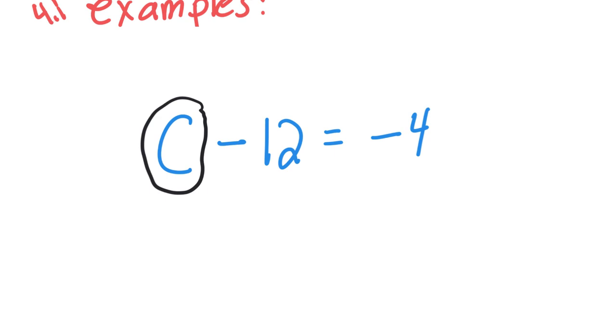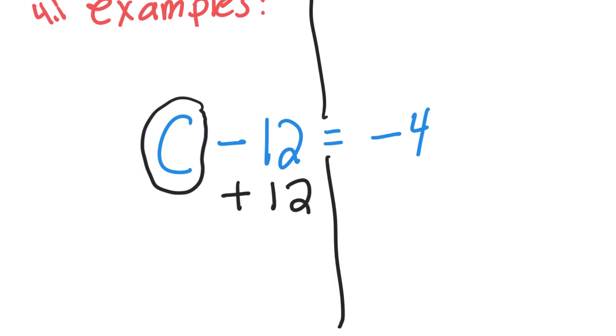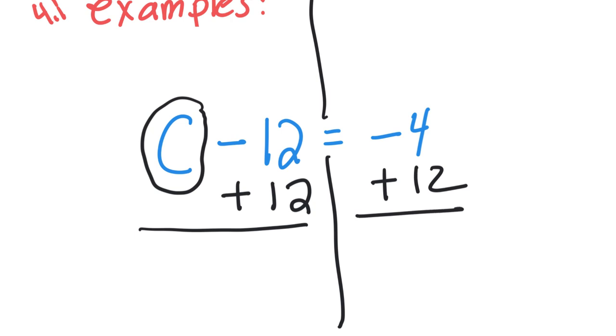The only way to do that is to add 12. So I come over here and I add 12. But whatever I do to that side of the equal, I have to do to the other. So I add 12 here. And when I do that, the C comes down. Minus 12 plus 12 is nothing.